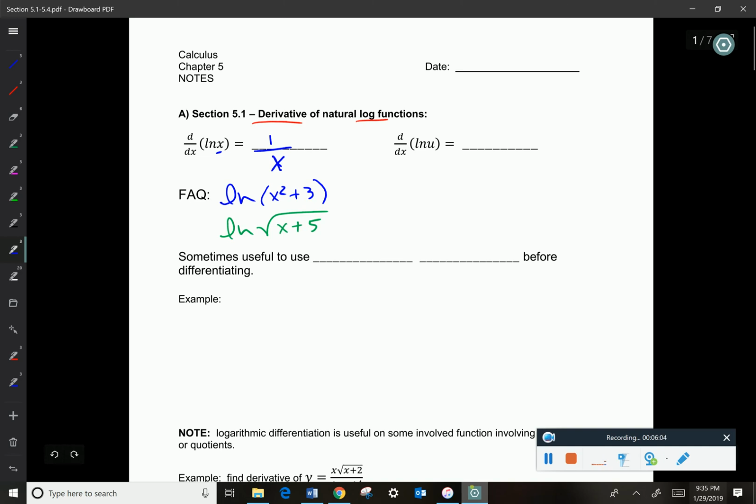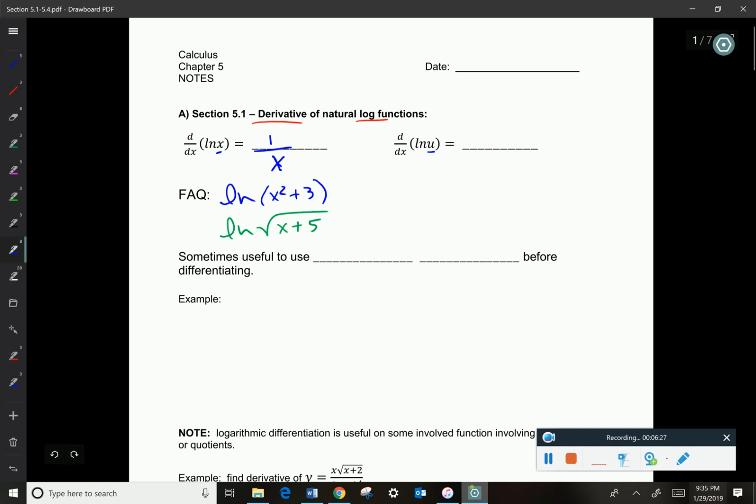So I'm going to say, what if we take the derivative of the natural log of something? I'm going to call it u, but that u means something that's more than just x, maybe x squared plus 3. Well, the chain rule would say it's like the derivative of natural log of x in that it's 1 over x. In this case, it wasn't an x, it was an x squared plus 3, or in this case, a u.